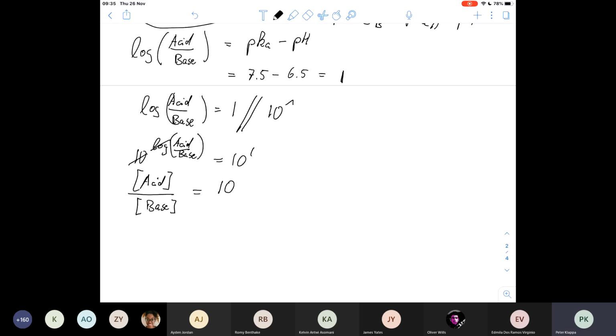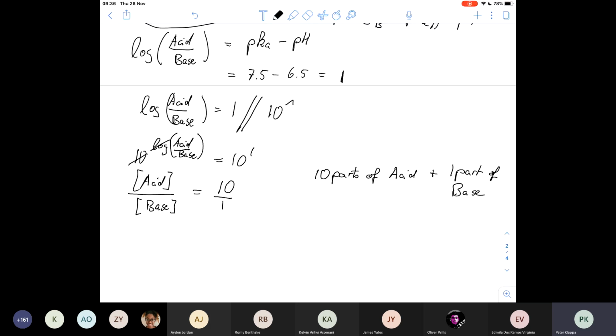Some people also write that as 10 over 1, which basically means you need 10 parts of acid plus 1 part of base. That's the same thing.